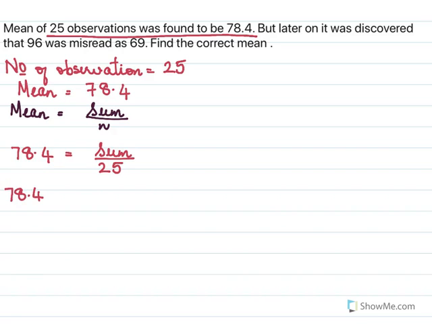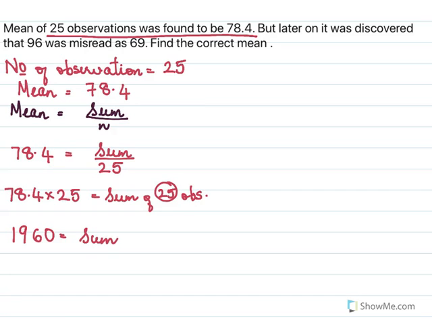So 78.4 into 25 equal to sum of 25 observations, and this works out as 1960 equal to sum, but this sum is an incorrect sum.